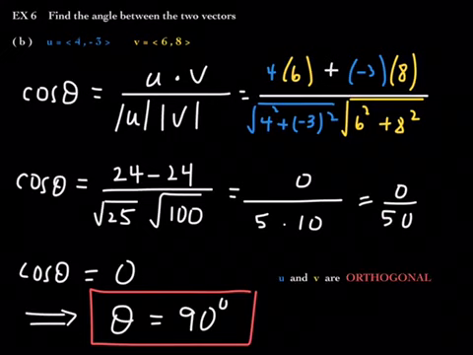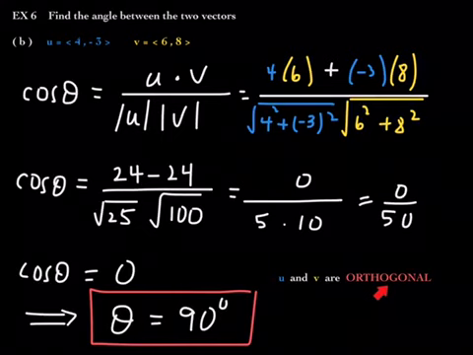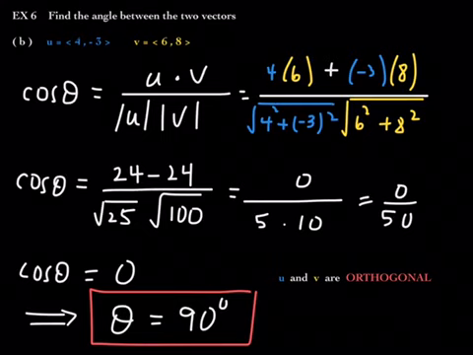So u and v are orthogonal because the angle between them is 90 degrees. But again, guys, once I find that the dot product is 0, I stop right there and say 90 degrees, or right angle. It's a right angle, all right?